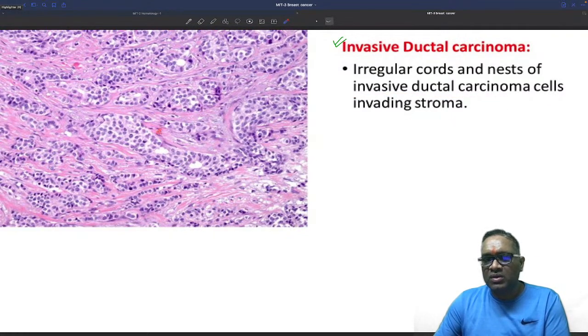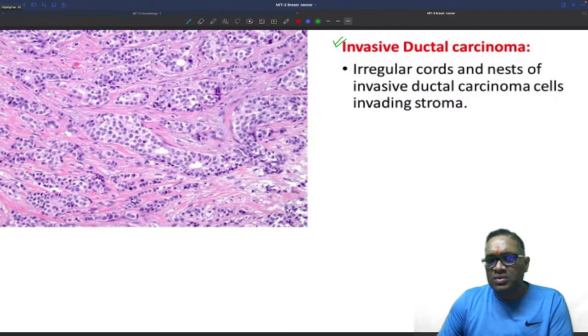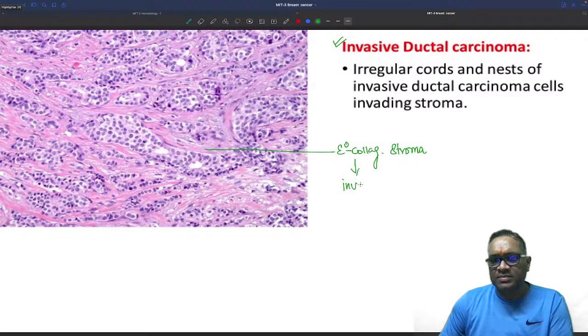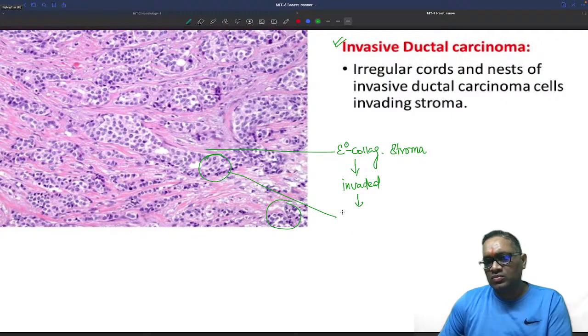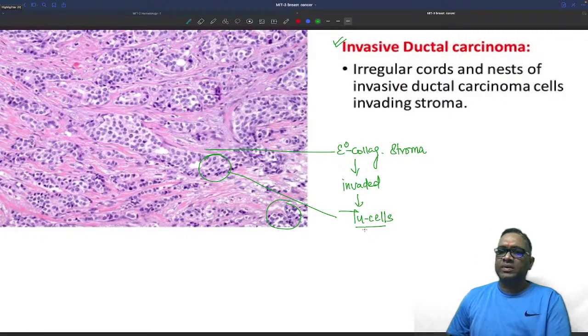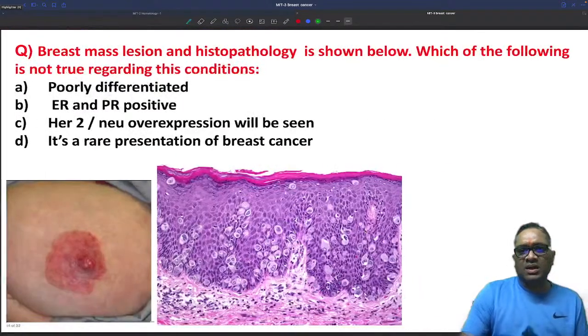What I am showing you here is eosinophilic collagenous stroma, and this collagenous stroma has been invaded by tumor cells. All these are tumor cells, so that is invasive ductal carcinoma.